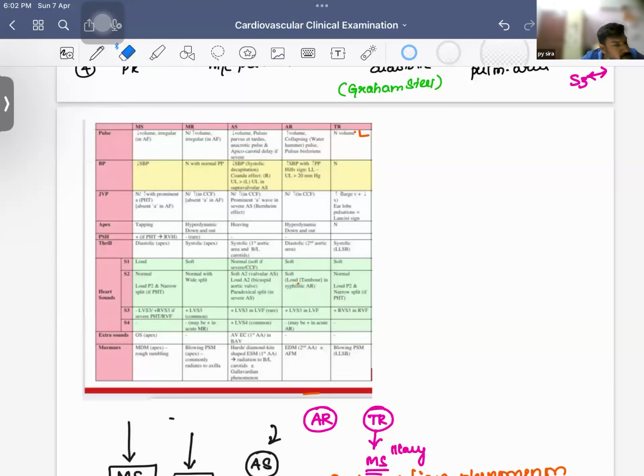Is there anything you want to know more in cardiology? Okay, we are left with two things: first is CNS, second is abdomen.